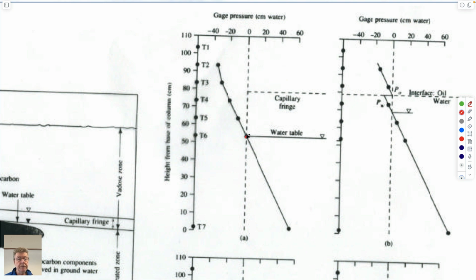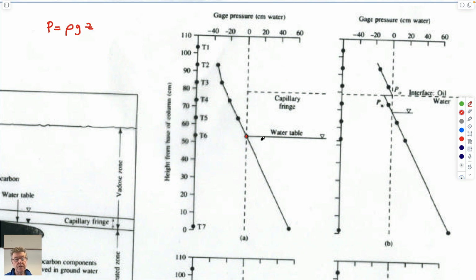The water table by definition is where the pressure is atmospheric. Atmospheric is 0 centimeters of water gauge. So pressure is equal to density times gravity times elevation. And so by definition this would be Z0 in our system because the pressure is equal to Z0.